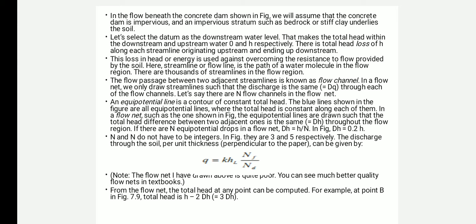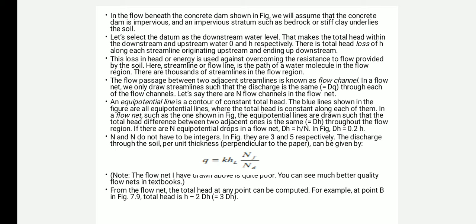In the flow net, such as the one shown in the figure, the equipotential lines are drawn such that the total head difference between two adjacent ones is the same, that is dH, throughout the flow region. If there are N_d equipotential drops in the flow net, then dH is equal to H divided by N_d. In the figure, dH is equal to 0.2 H. N_f and N_d do not have to be integers. In the figure, they are 3 and 5 respectively.